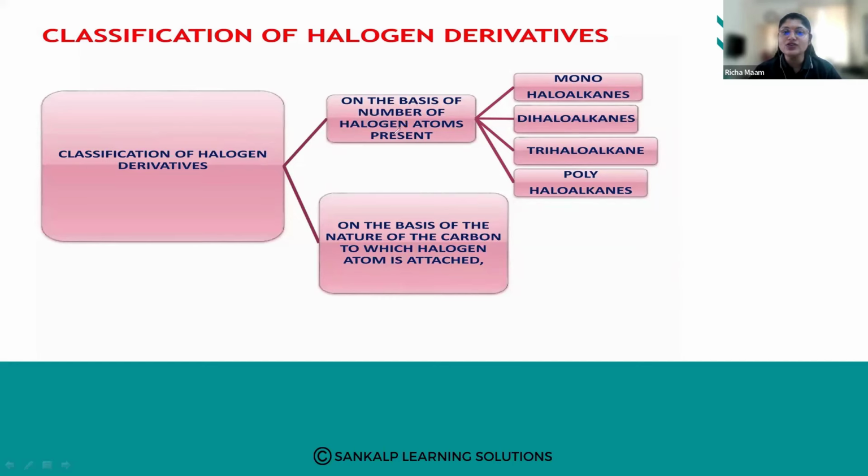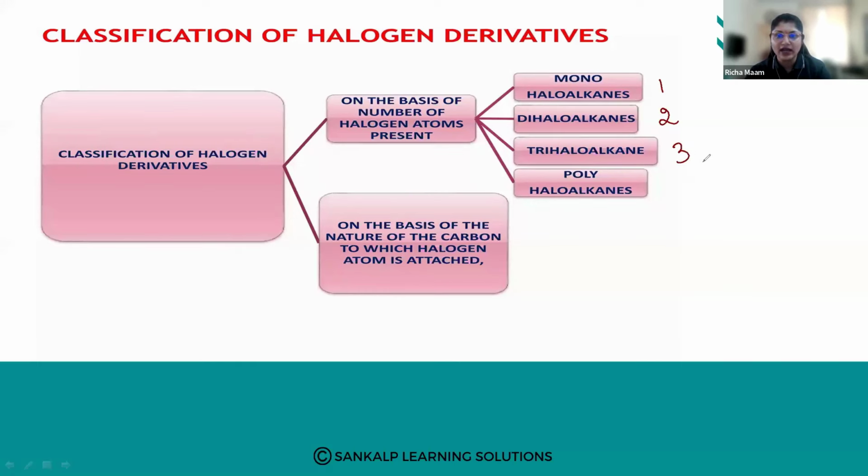First is the classification on the basis of the number of halogen atoms. Both haloalkanes and haloarenes are classified as monohalo, dihalo, trihalo, or polyhalo compounds. If one hydrogen atom is replaced by a halogen, it is mono. If two are replaced, it is di.